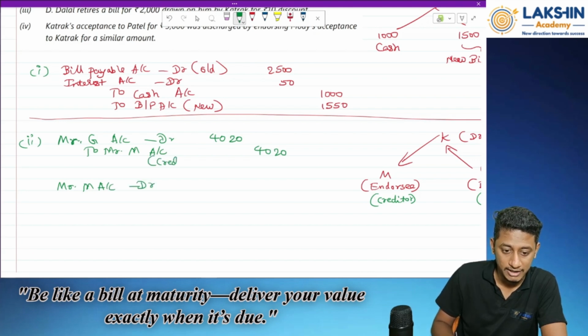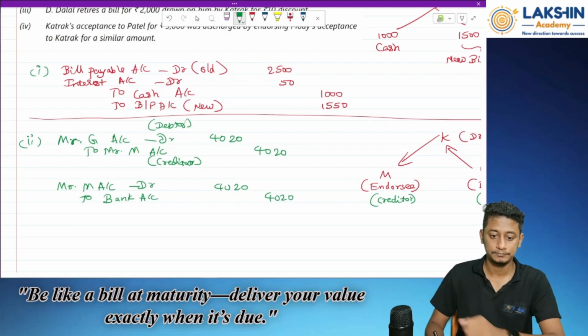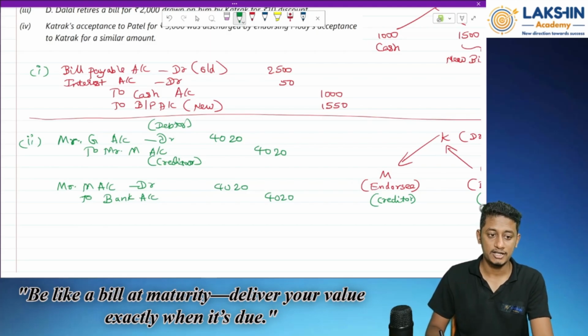This guy was my creditor before, and this guy was my debtor before. So by debiting it, I am reversing the amount. Two, how is the payment being made? Through bank account. Rupees how much? 4,020. Okay, so we are done with the second part.